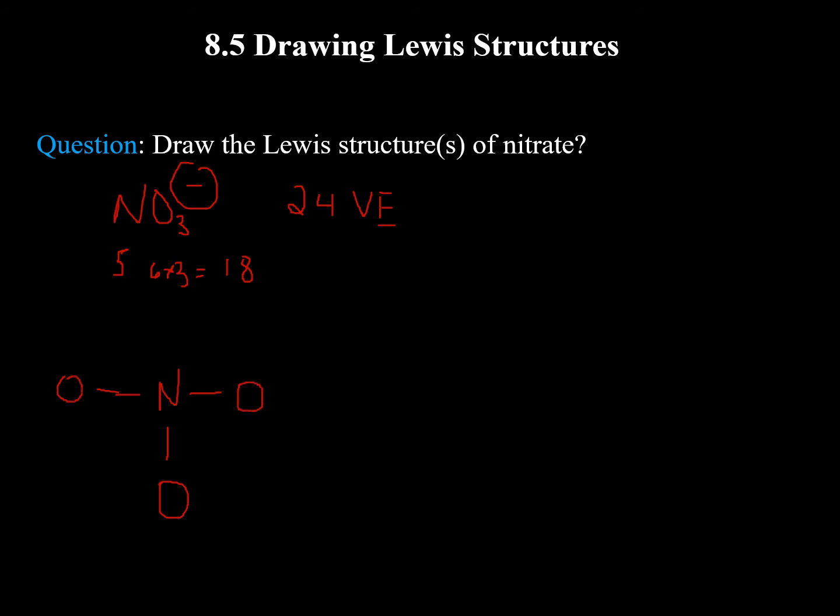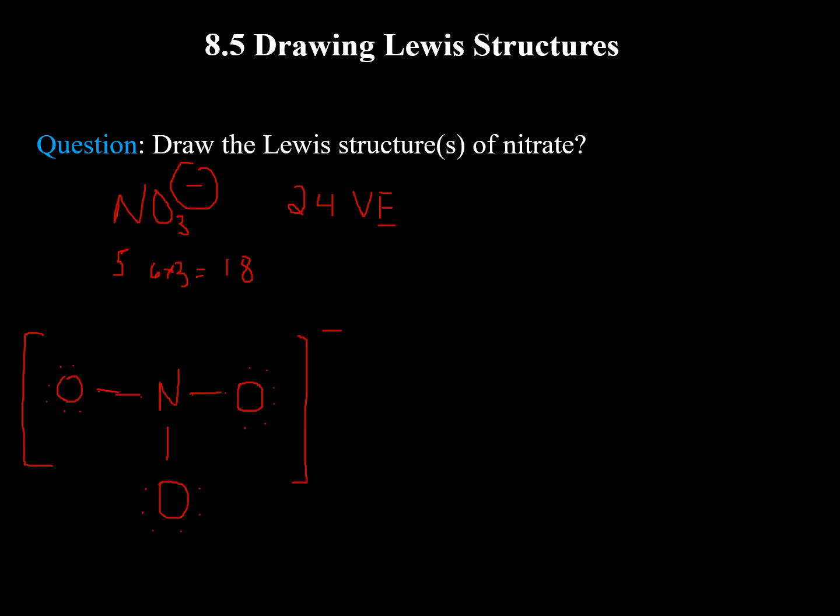We want to use up our 24 valence electrons. We first have to say there's a negative charge. So if we use up our 24, 1, 2, 3, 4, 5, 6, 7, 8 in the bond between the nitrogen and the oxygen on the left, 9, 10, we go below, 11, 12, 13, 14, 15, 16, and on the right, 17, 18, 19, 20, 21, 22, 23, 24.